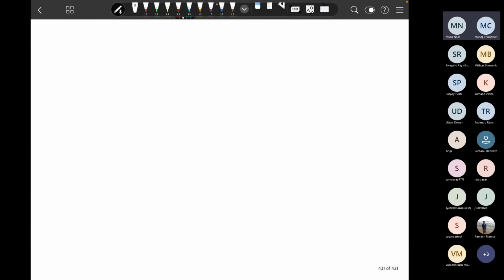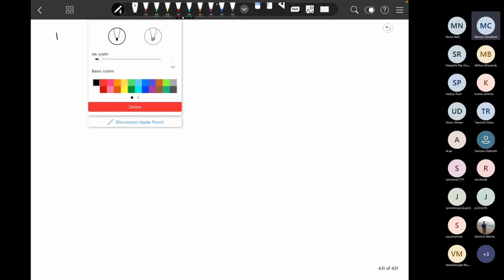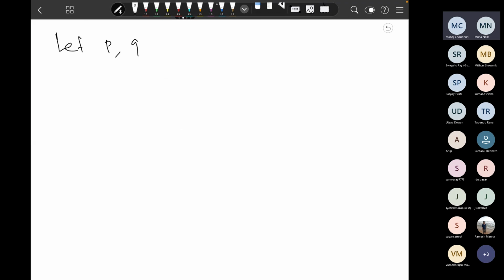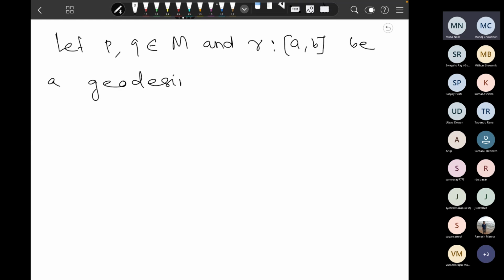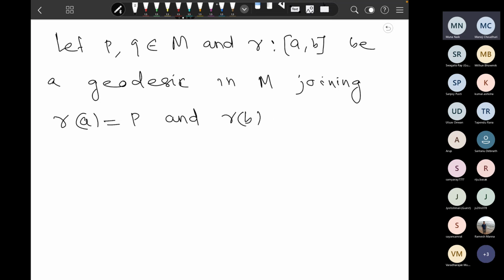Now let us take any arbitrary points P, Q belonging to M, and let gamma from [a, b] be a geodesic in M joining P and Q, so that gamma of a is P, and gamma of b is Q.